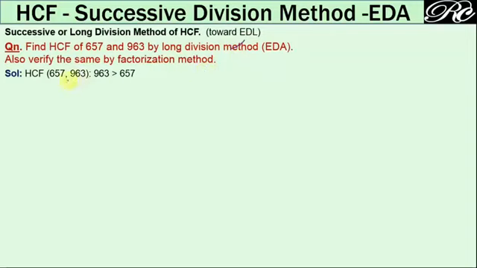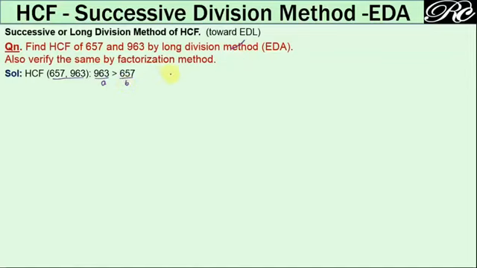Here the two numbers are 657 and 963. Since 963 is bigger than 657, take this 963 as dividend and this smaller number 657 as divisor.